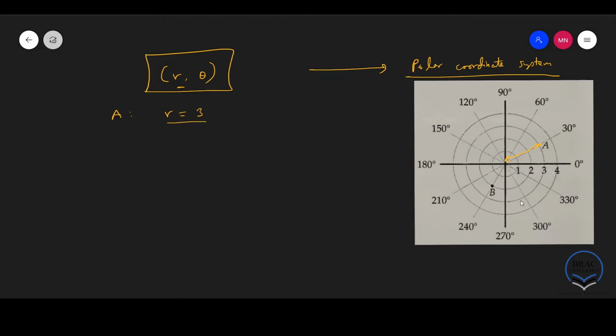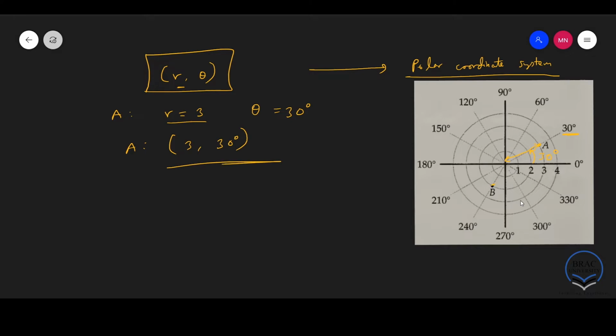And what will be my angle theta? If I rotate from the positive x-axis to this point, you can see that this will be an angle of 30 degrees. So I can describe the coordinates of the point A in polar coordinates to be (3, 30 degrees), right?